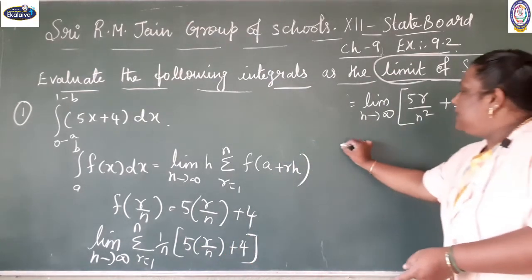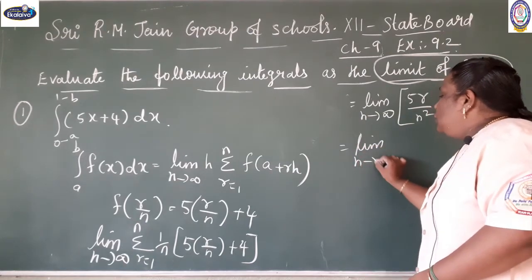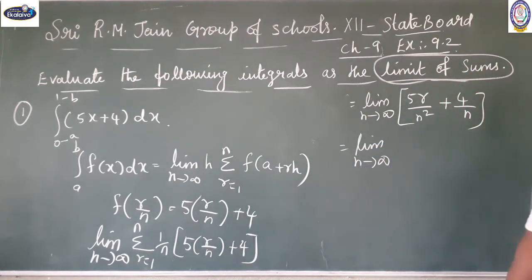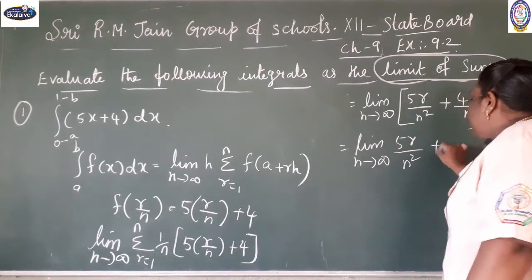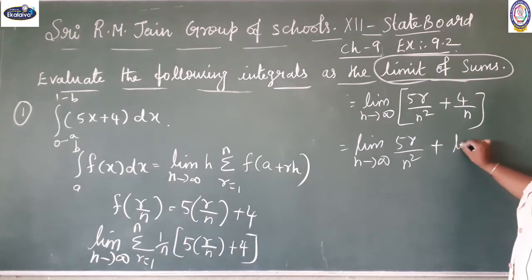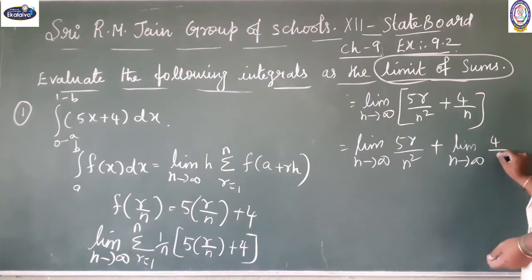Now you can do it separately. Limit n tends to infinity of 5 r by n square plus limit n tends to infinity of 4 by n. 5 is constant, so you can take it out.